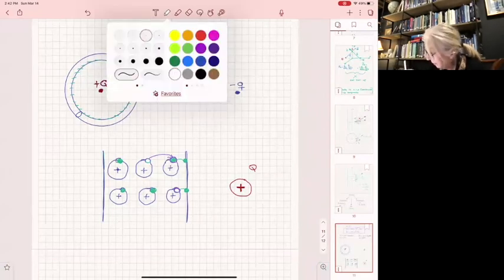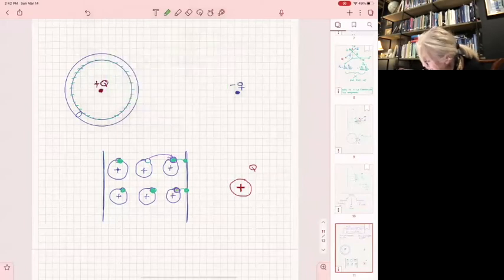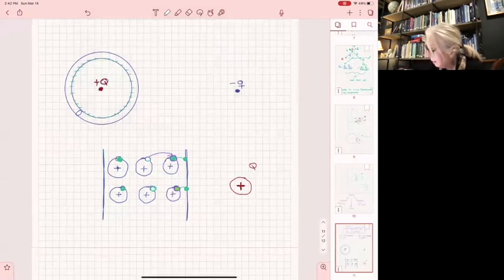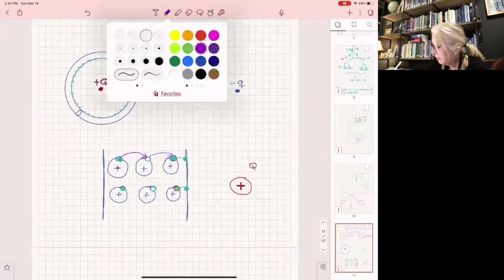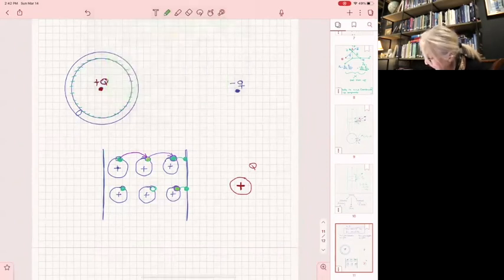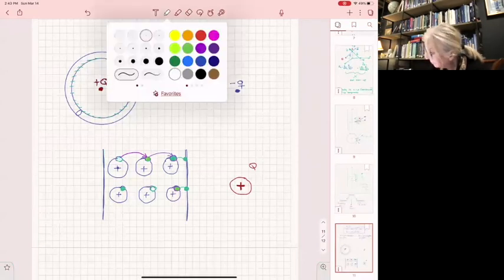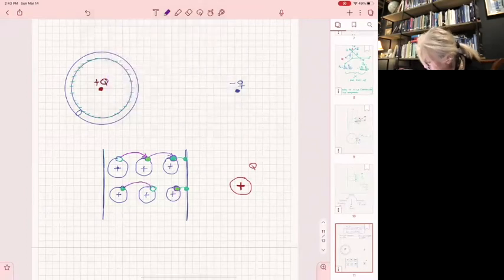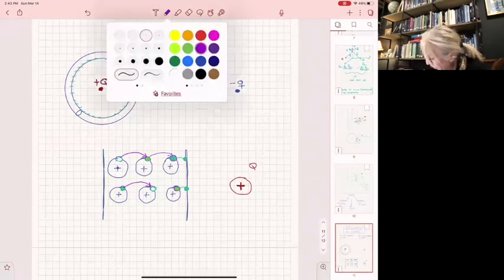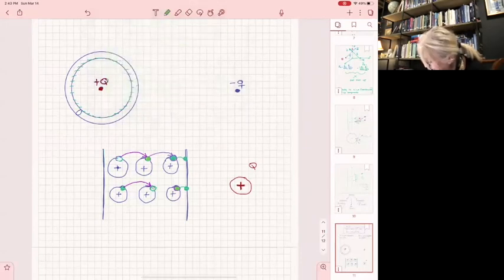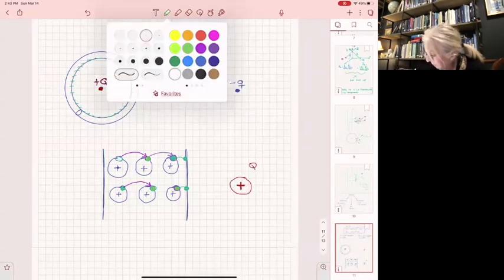Then this one is going to jump from here to there, and it's going to leave a hole behind it. This one is going to jump there and leave a hole behind it.